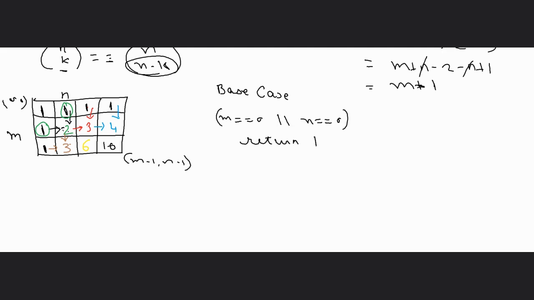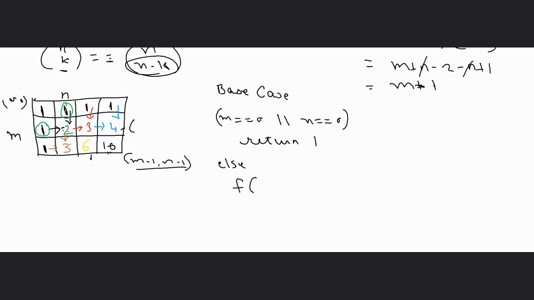Else we make a recursive call. For this final cell, m minus 1, n minus 1, I'm going to make a recursive call to this cell and this cell.